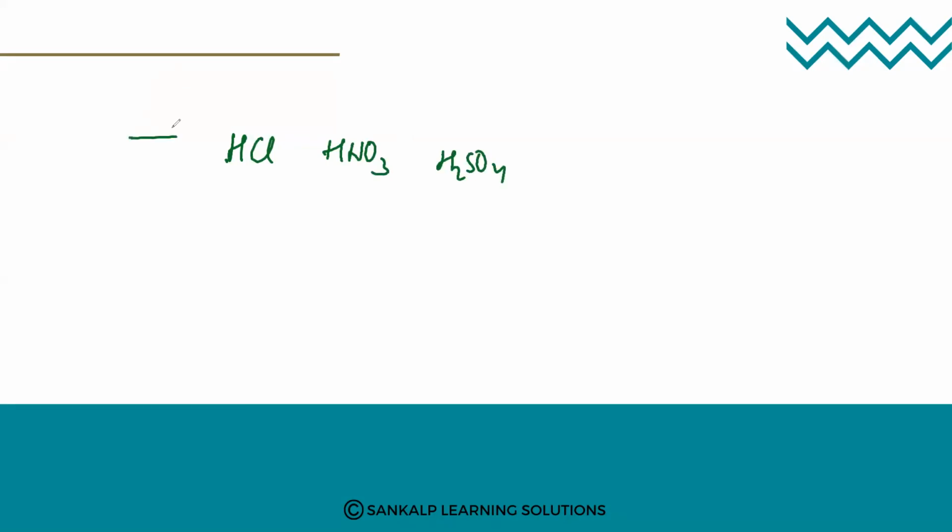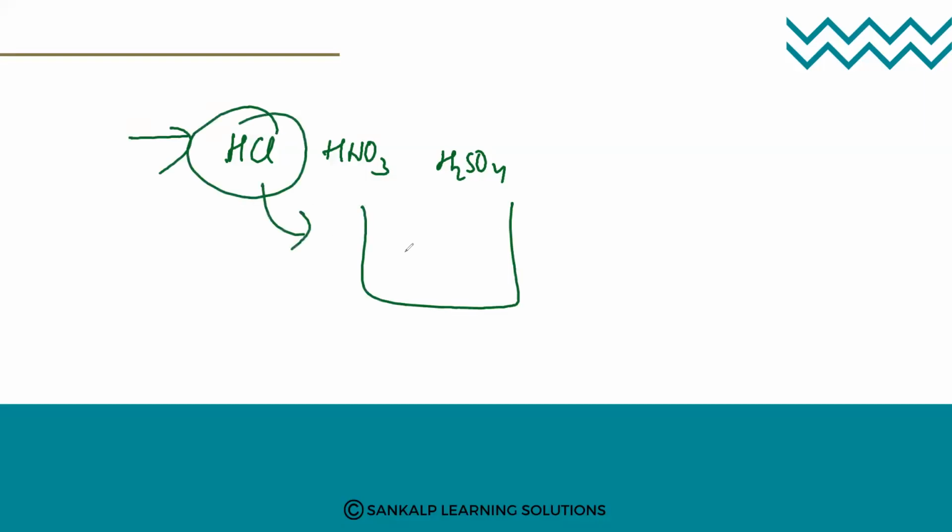If I add these acids into water, they will split into H plus ions and Cl minus. Whenever these ions get discharged into the aqueous solution, they conduct electricity. When they conduct electricity, they are called electrolytes.